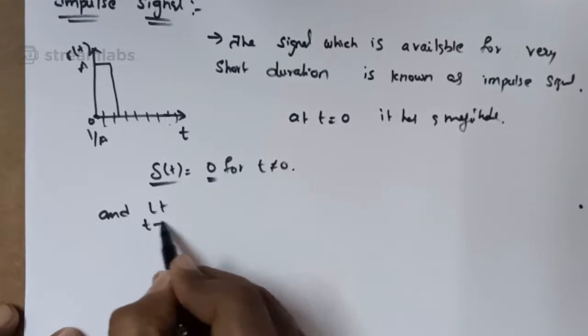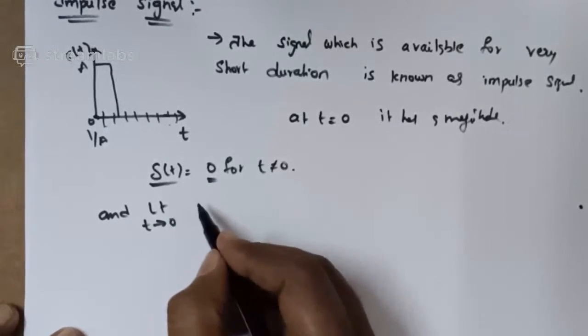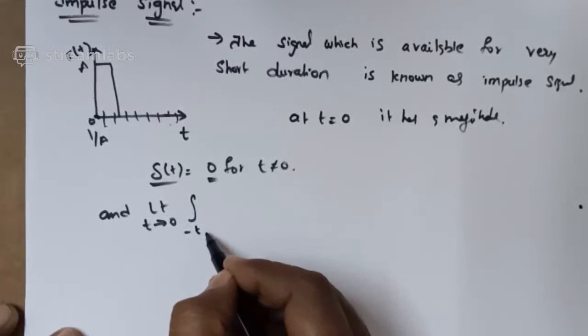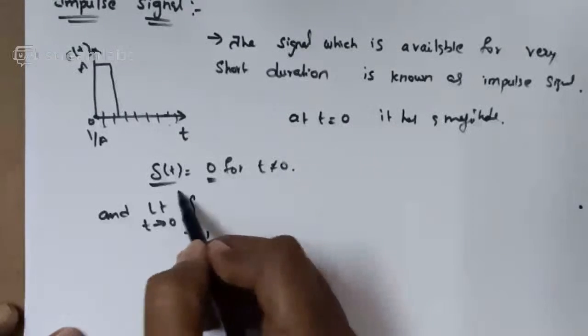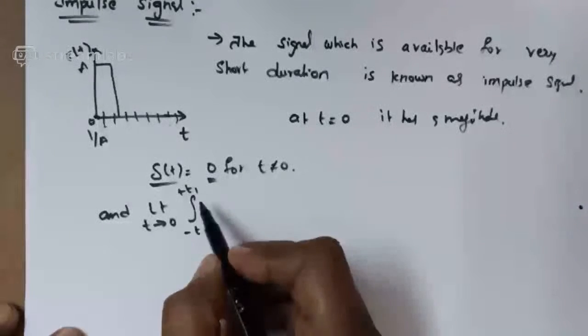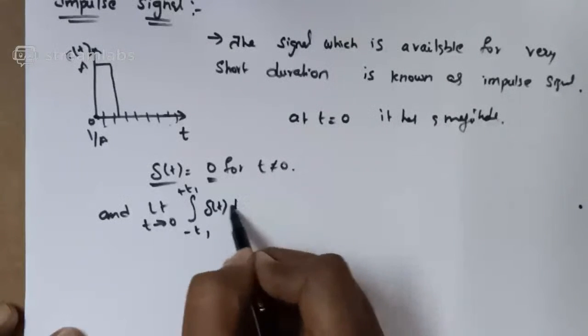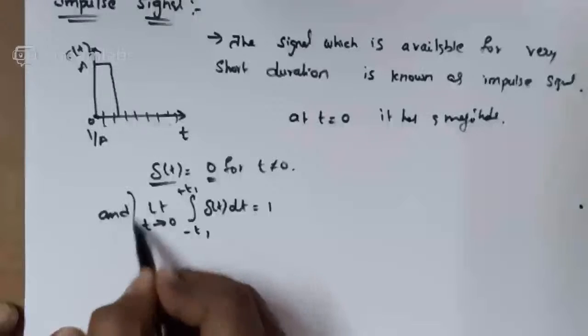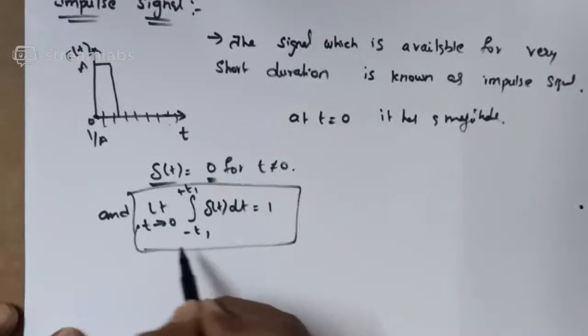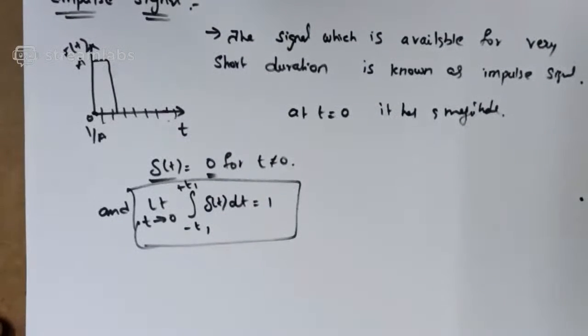And as t tends to 0, the integral from minus t1 to plus t1 of delta of t dt is equal to 1. This is a very important formula for the impulse signal.